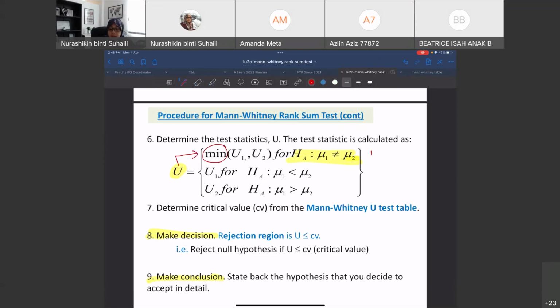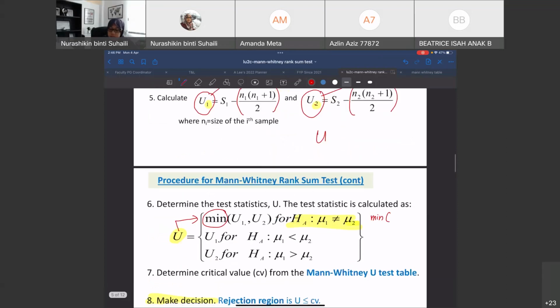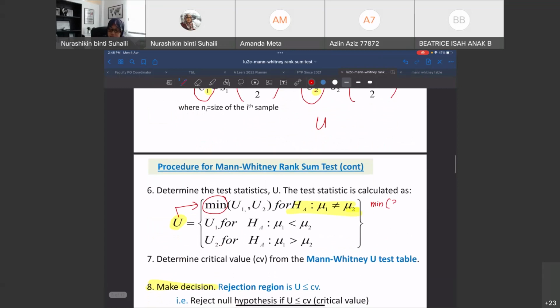Minimum means the lowest value between the U1 and U2 that you calculated in step 5. For example, U1 is 3, U2 is 5. The minimum between 3 and 5 is 3, isn't it? Because that's the lowest value.